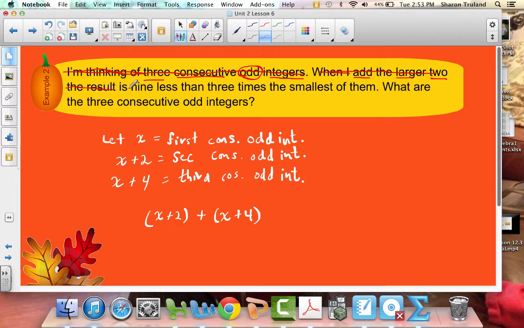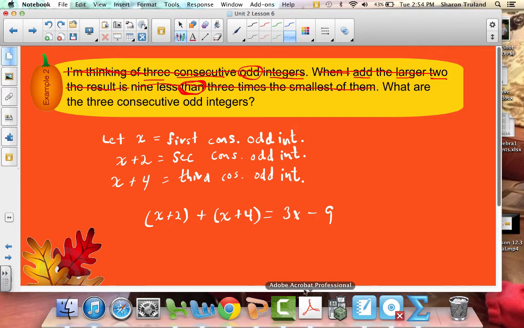The result is 9 less than, so I've got to flip it. It's not 9 minus, no. It's minus 9. What am I minusing 9 from? 3 times the smallest. Well, the smallest is x, so that's 3x.